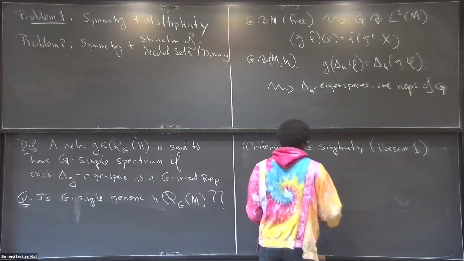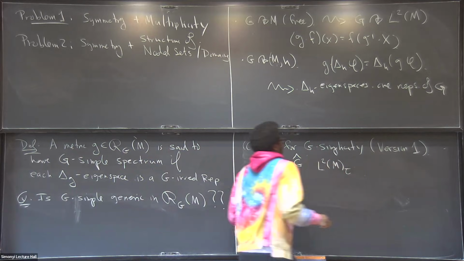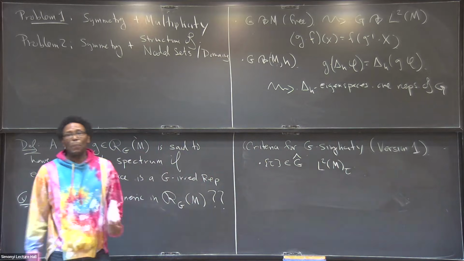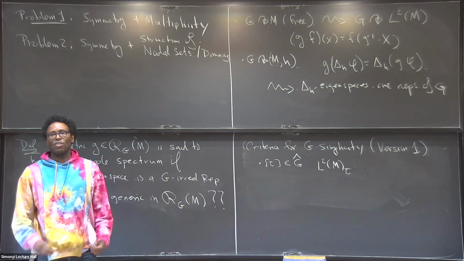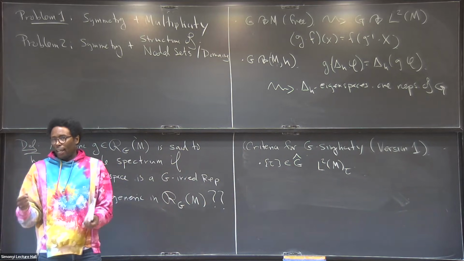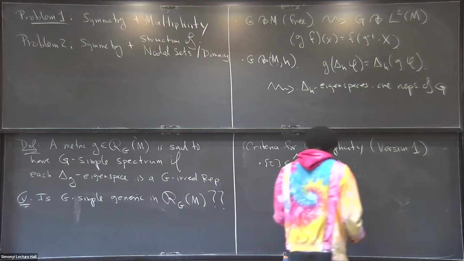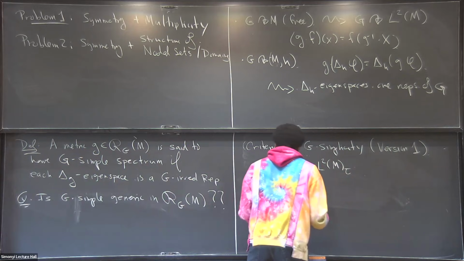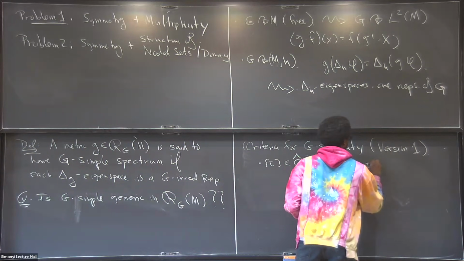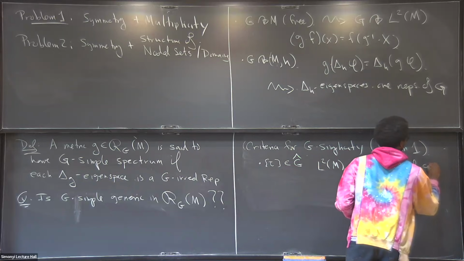I can talk about its isotypical component in this regular representation. This is the smallest invariant subspace that contains all copies of representations of tau. This is the tau isotypical component.